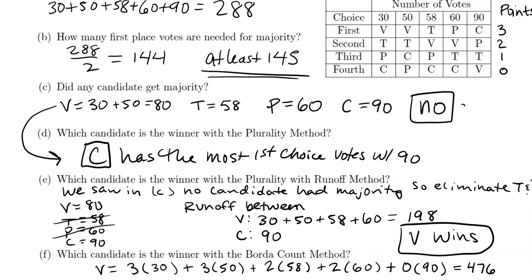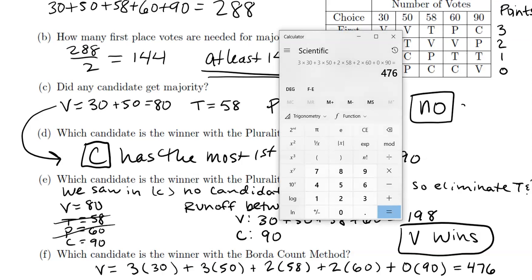And then again, they're in third place, so 1 point times 90. So we've got 2 times 30, 2 times 50, 3 times 58, 1 times 60, and 1 times 90, which is just 90. Gives us 484.